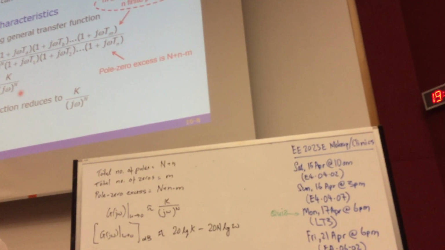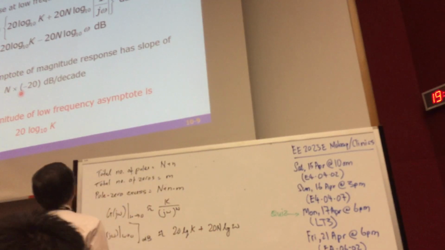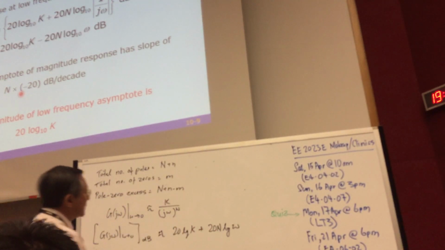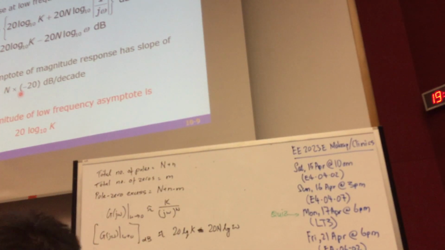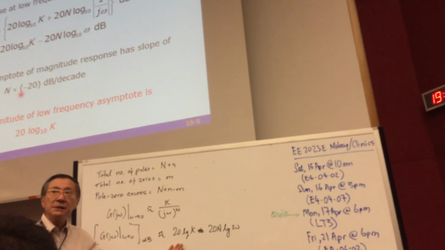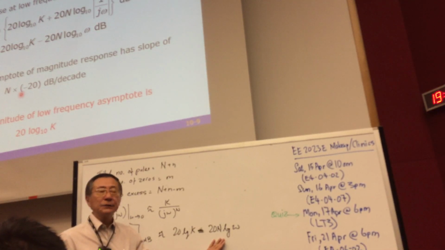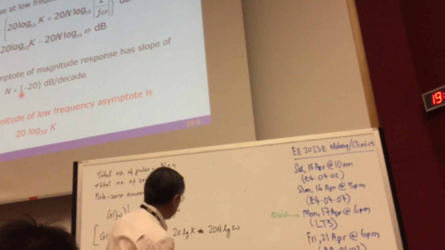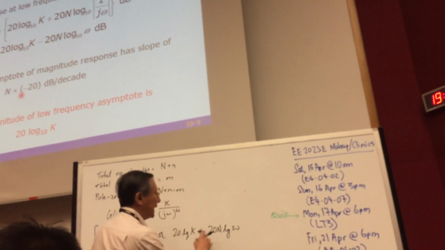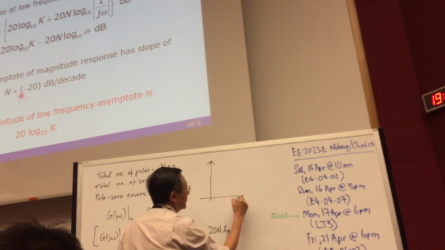It's minus because it's in the denominator. Sorry, I forgot an N; there was an N here, 20 N. This, of course, is a constant, and this is a linear function of log omega. So it starts at this value and goes down like that.